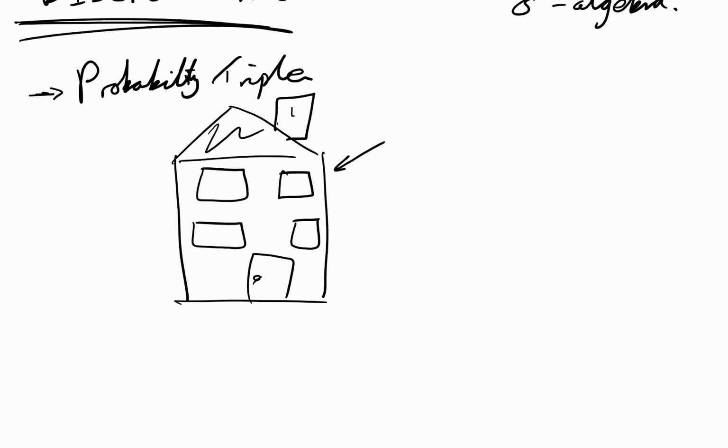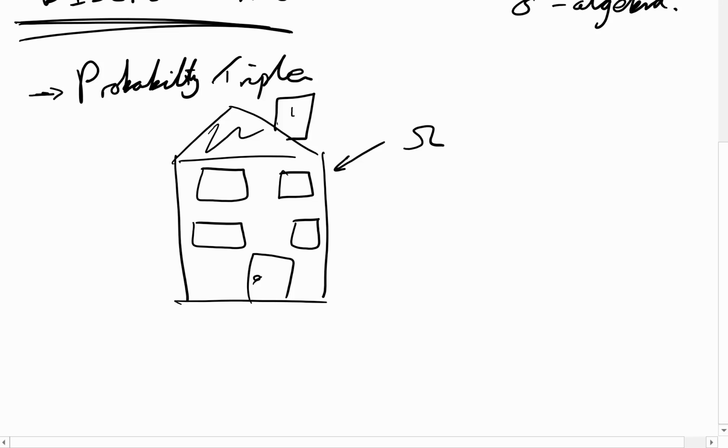Will be called, let's call that sigma. So all the possible outcomes that can happen in this house. For example, a book will fall off the shelf, or a kitchen catching fire, or the food in the fridge going off.